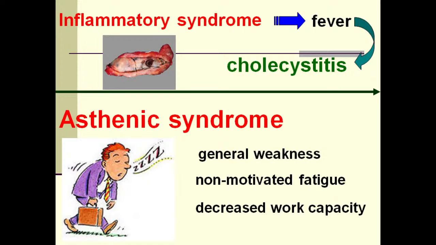The more severe the pathology, the weaker the patient, the more intensively the fatigue significantly disturbs his vital activity, with decreased work capacity, decreased interest in surroundings, and all other problems with sleepiness. And if you finish your answer with asthenic syndrome, it shows that you understand the problems of the patient more deeply, but only at the end, because it's not a specific problem for gallbladder disease.